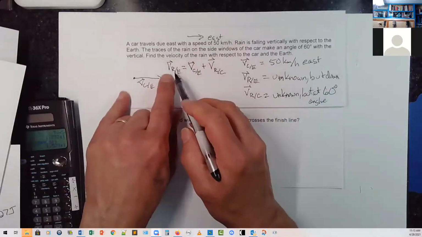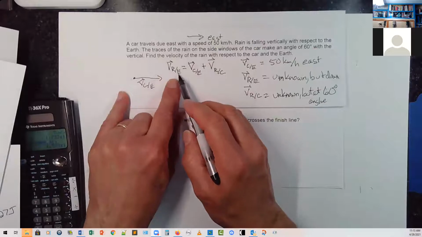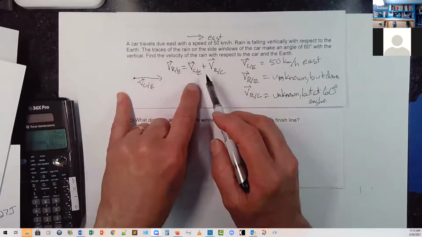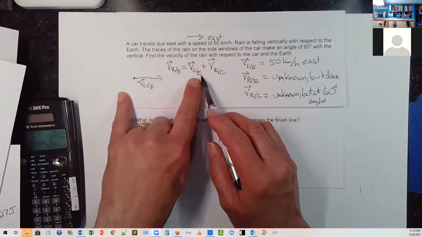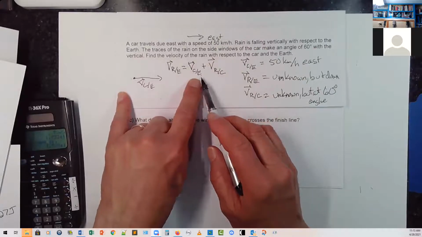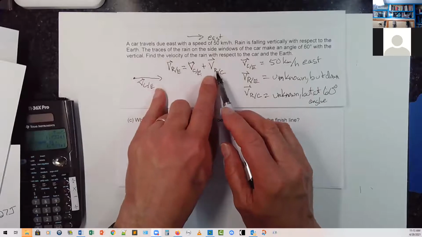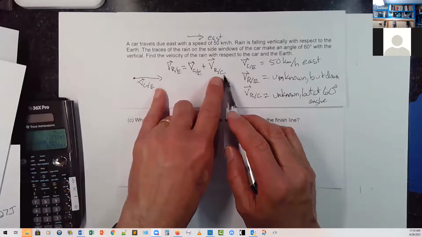This is the velocity of the object with respect to the fixed frame. This is the velocity of the moving frame with respect to the fixed frame, car with respect to the earth. This is the velocity of the object with respect to the moving thing.